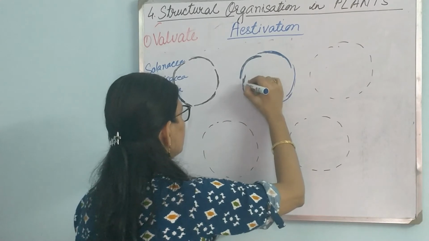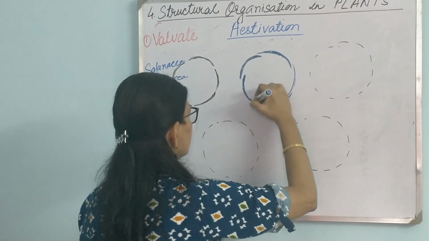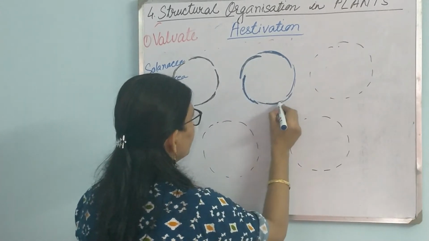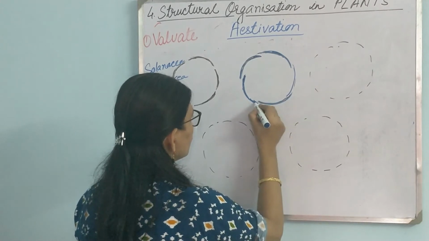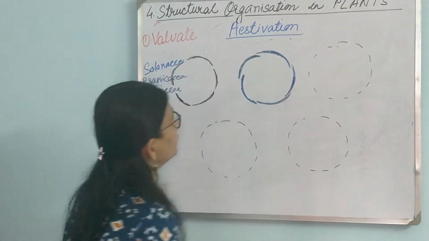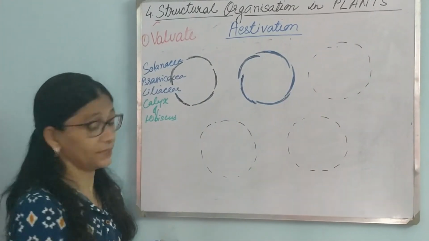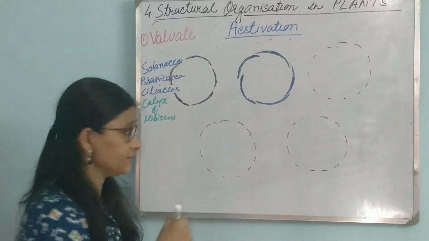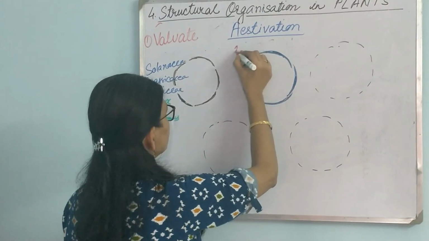Is it prominent? One inside and one outside, like this. This type of arrangement is known as twisted.